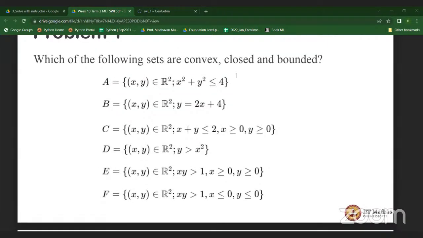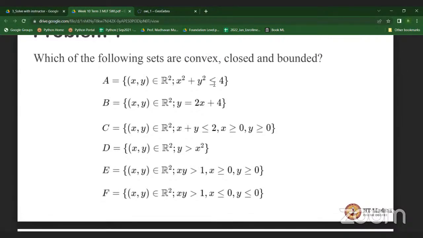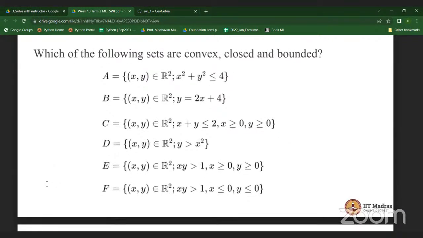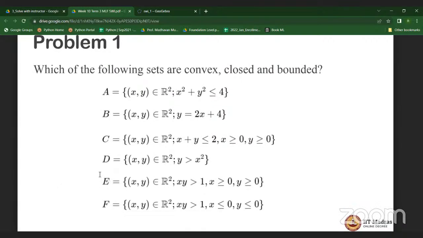Among the following sets, you should select the convex, closed, and bounded ones. All three should be satisfied. Please look at those and then select the corresponding one. Please do not paste your answers in the chat box.